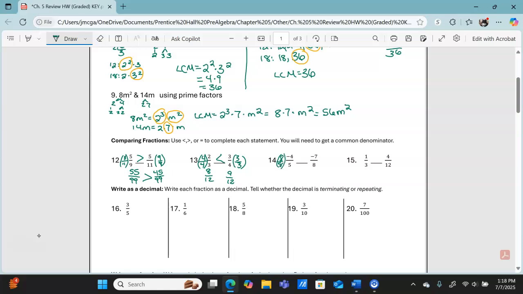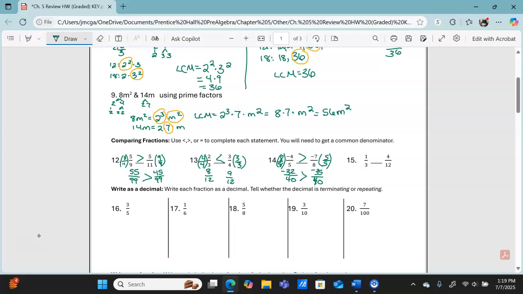So multiplying this by 8 over 8, I get negative 32 over 40. Negative 35 over 40. Remember, with negatives, the bigger the number, the smaller the value because it's negative. So negative 35 is less than negative 32.